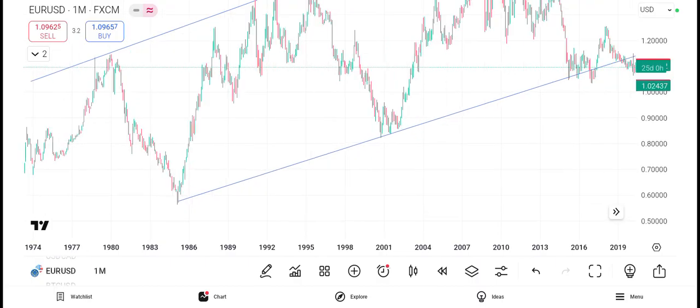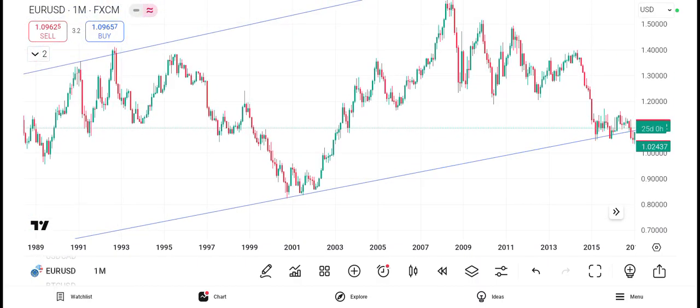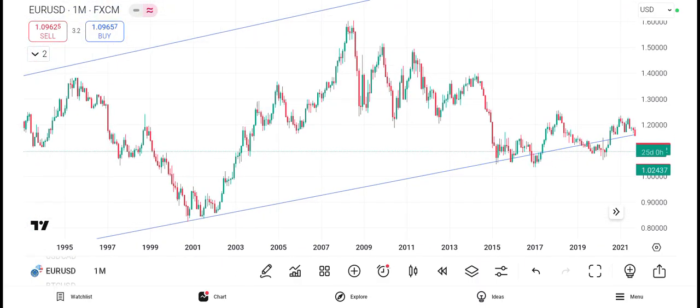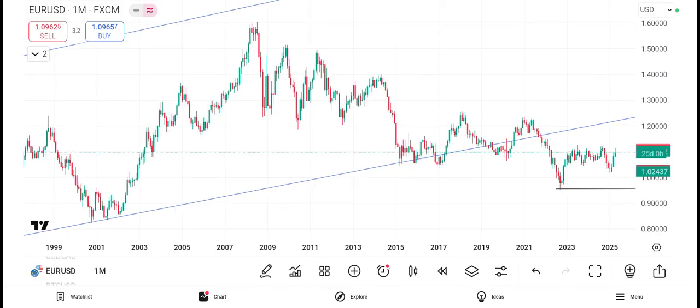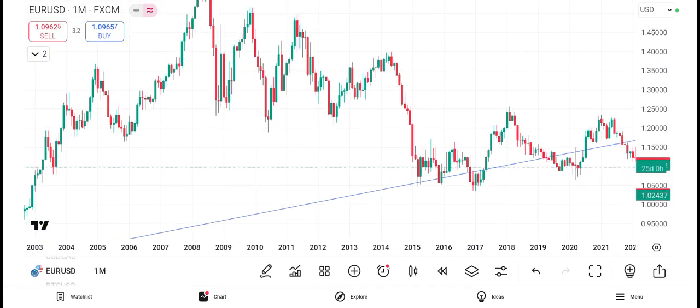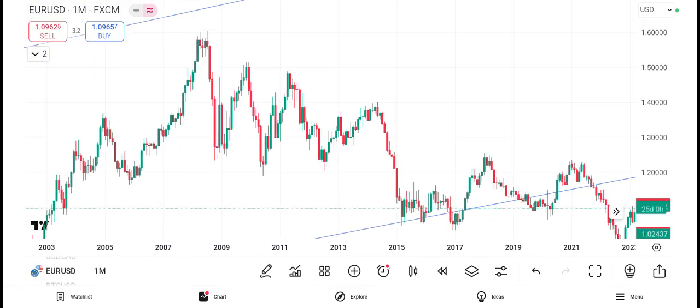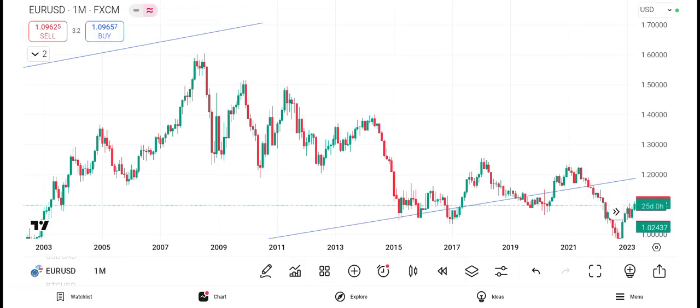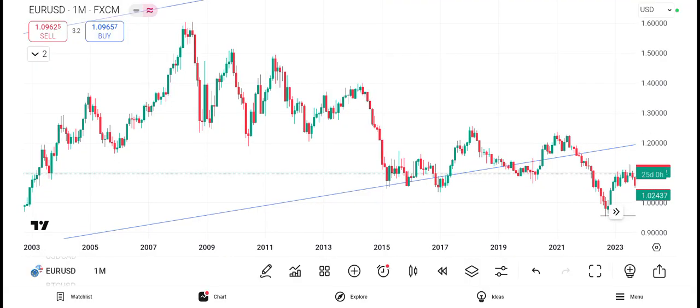Let's zoom into our chart. We are going to forget about what happened in the past and focus on the present. So from the monthly, what do you see?